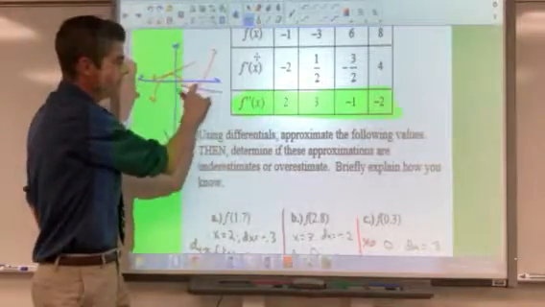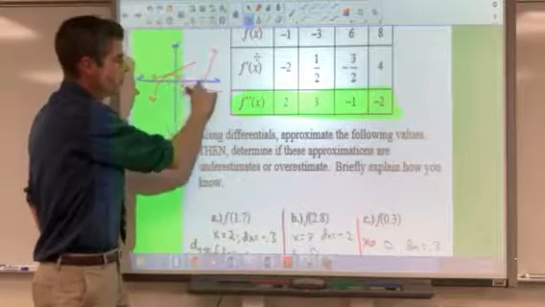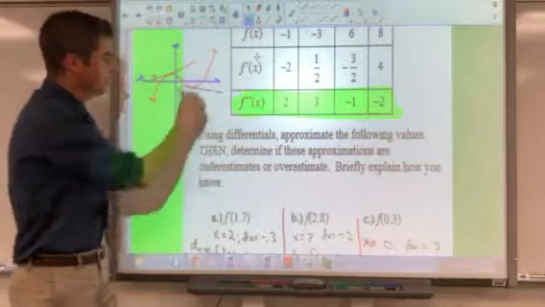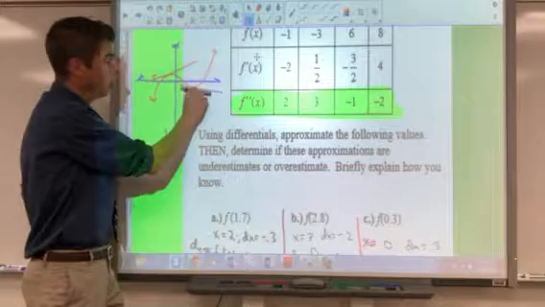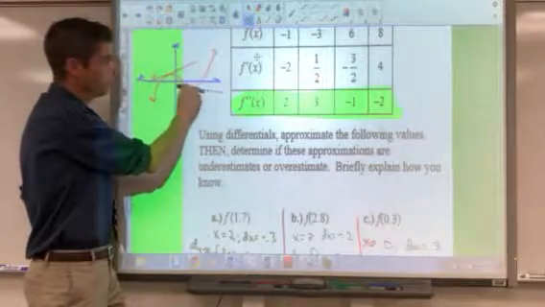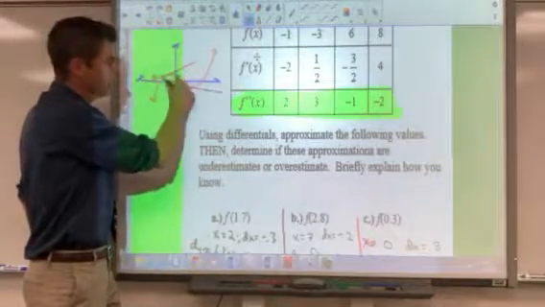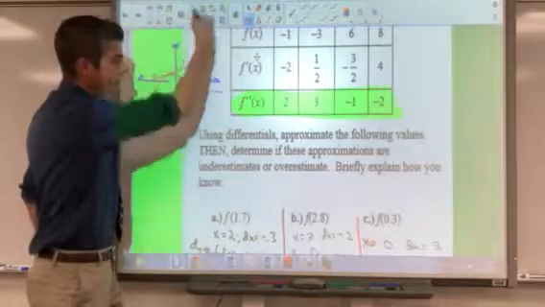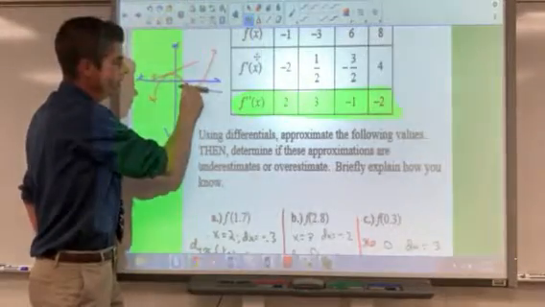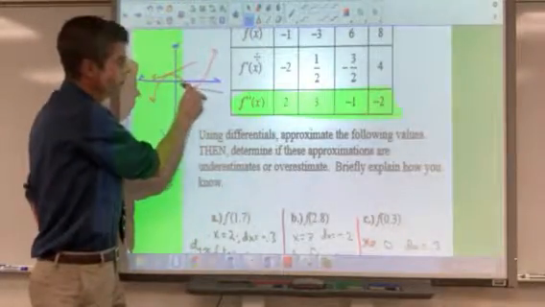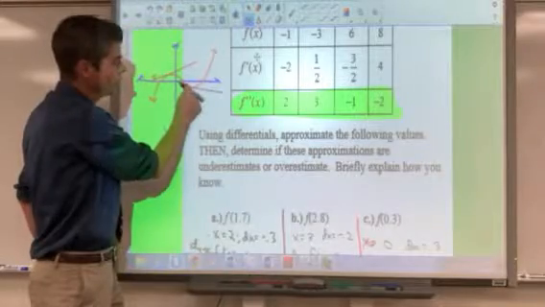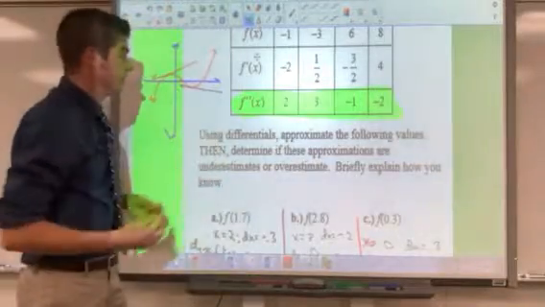But notice this: if this is curving up, if you're concave up, that means your tangent line will always be below the curve. The graph itself has a higher y value than your tangent line. No matter how steep the slope is, it's always underneath the function.